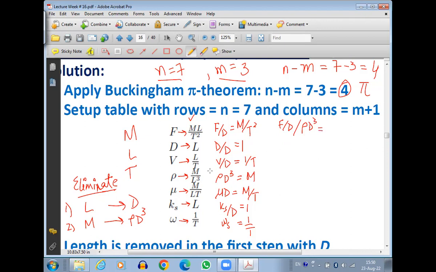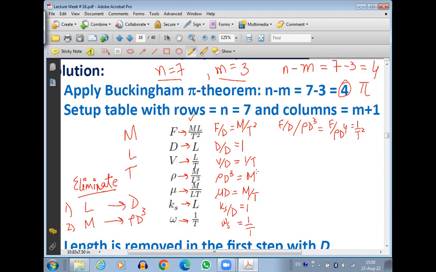So what am I going to be left with? F by D divided by rho D cube. It would be F by rho D power 4, and the units will be 1 by T squared.